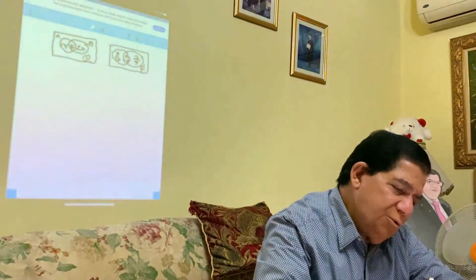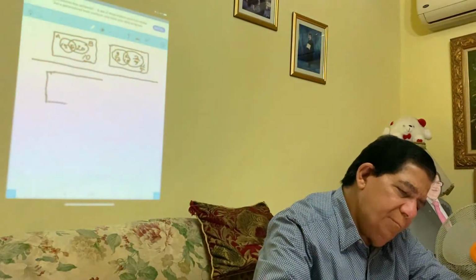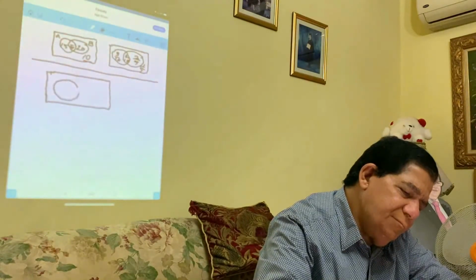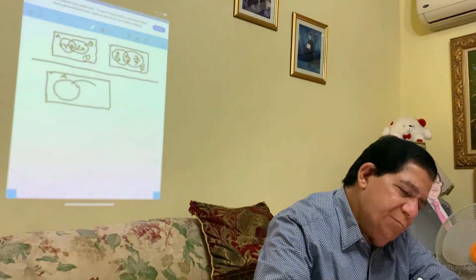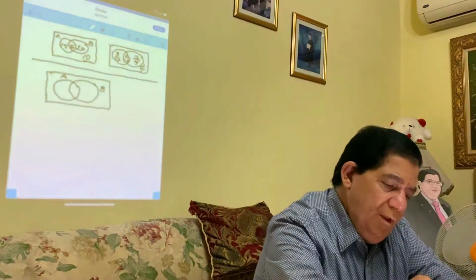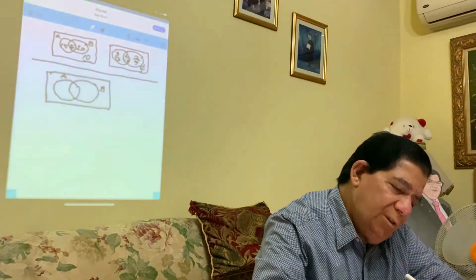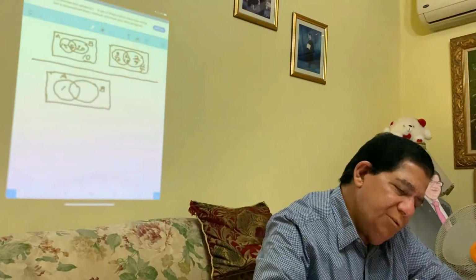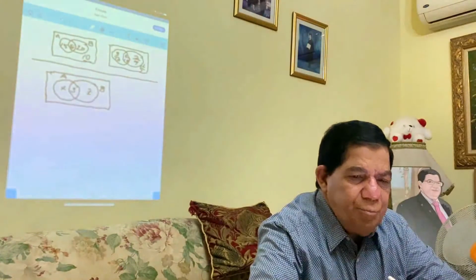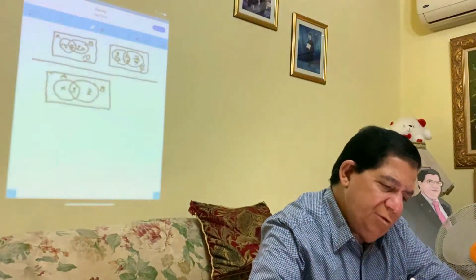Right, let us now consider this. This is a set, this is the event A, and this is the event B. Now let us call these areas X, Y, Z, and this is W, and these are probabilities.